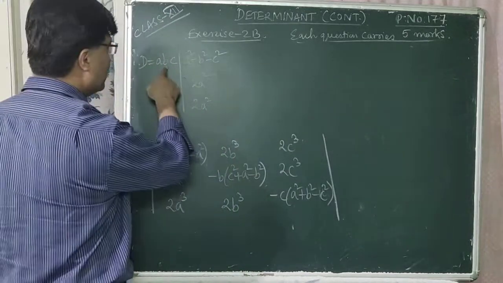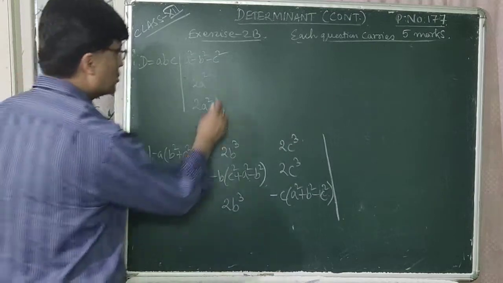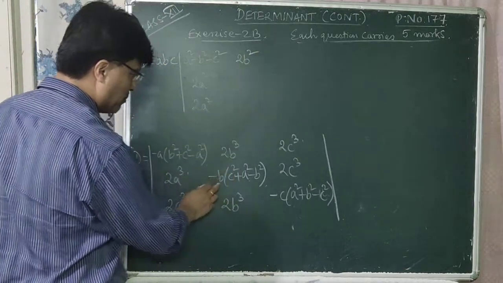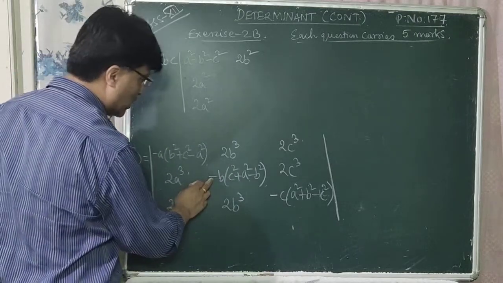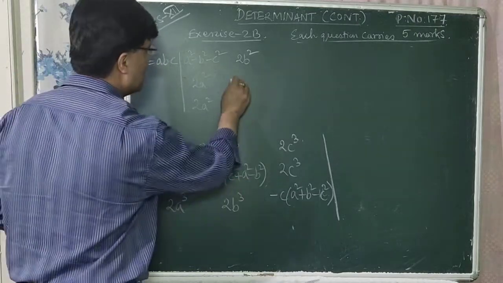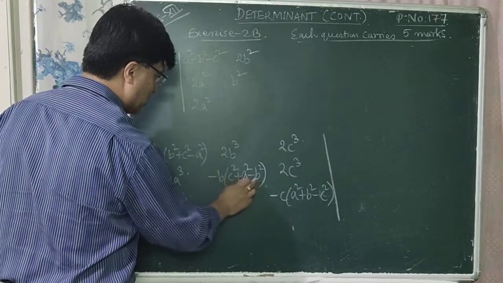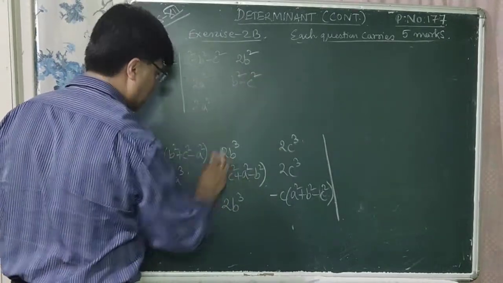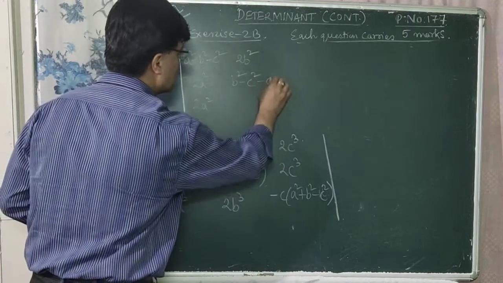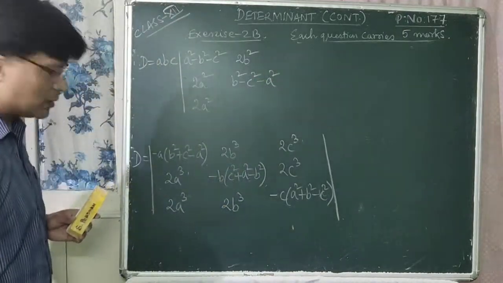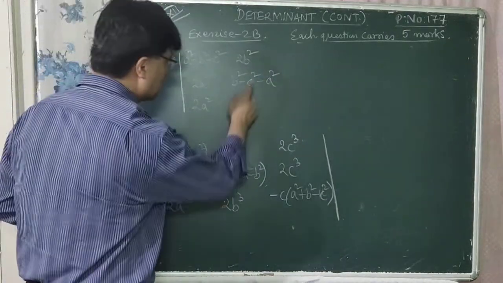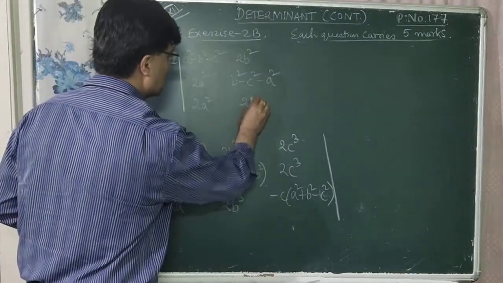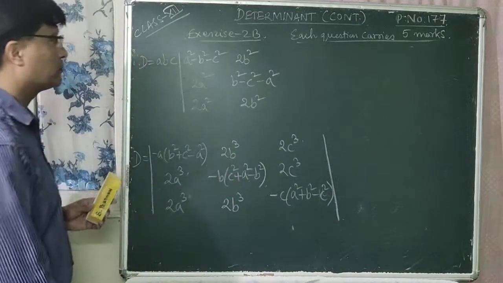B is common, B is already taken outside. So it is 2B square. Next, this one, B is already taken common. So multiply by minus sign here, it will be B square, minus into minus plus B square, then minus C square. Minus into plus minus C square, minus into plus minus A square, right? So what is the third element of the second column? It is 2b square because b is already taken common. So it is 2b square, right?